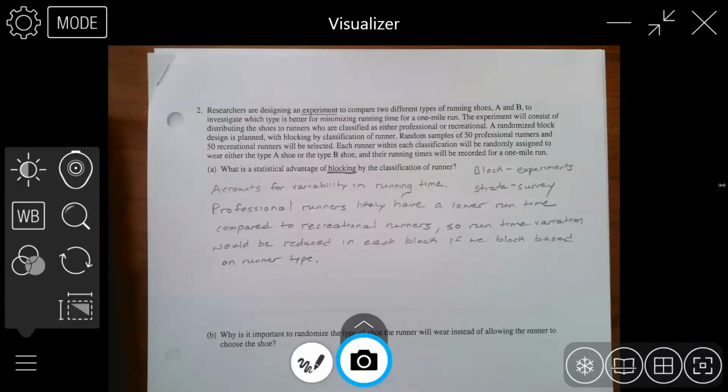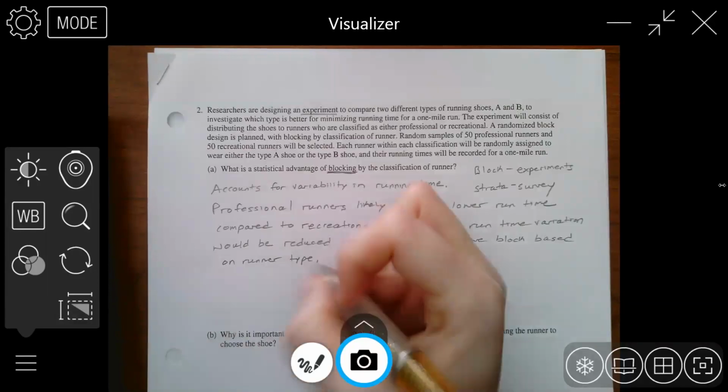So why do you want to account for variation? Well, it makes it easier to detect a difference. Because if you have variation and a difference going on, it's going to be really hard to determine what was a difference in just runner type and what was a difference based off of the shoe.